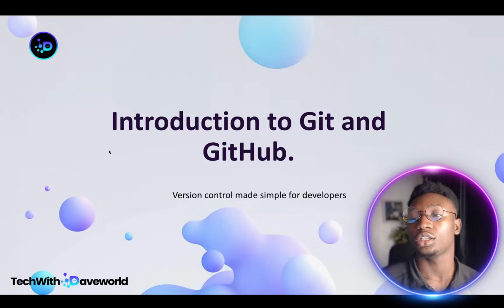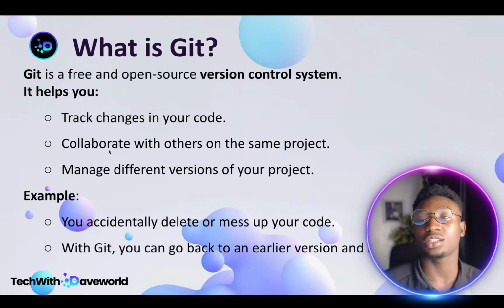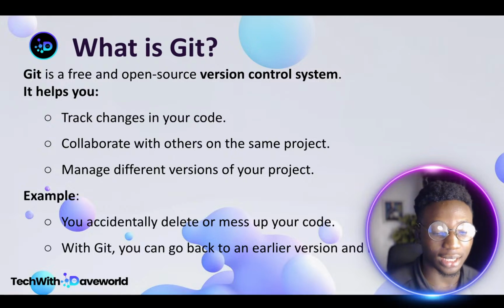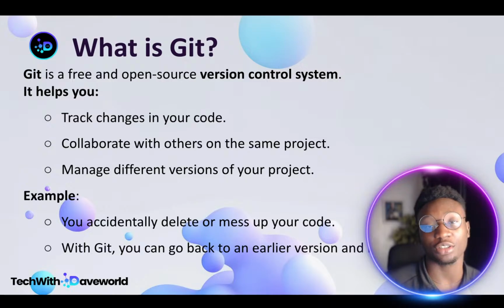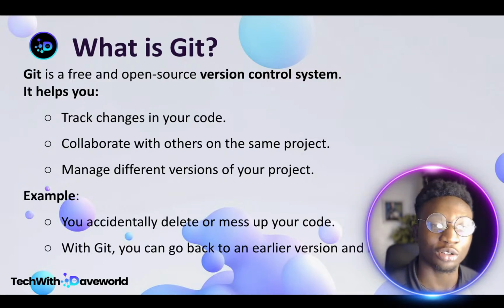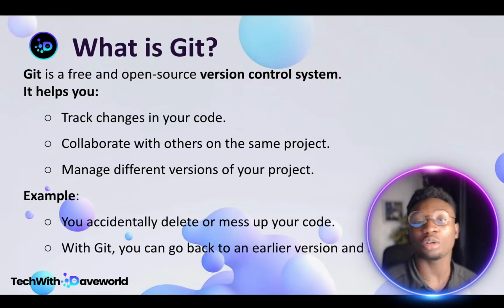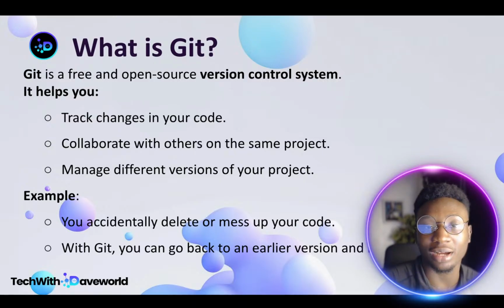All right, so first is, what is Git? Basically, Git is a free and open source version control system, right? If you don't know what a version control system is, it's just something that helps you to control your file, right?